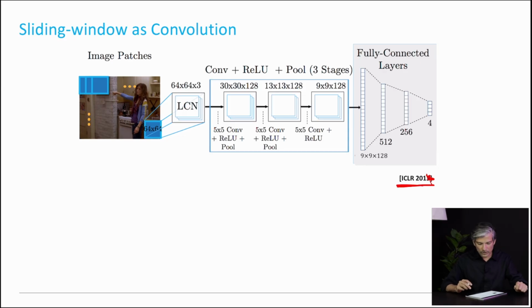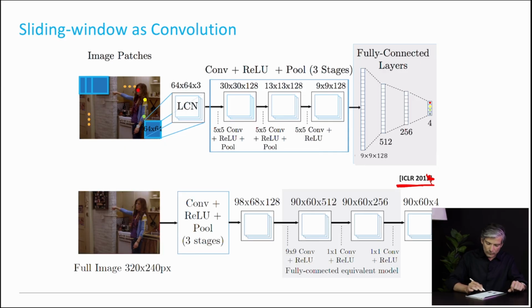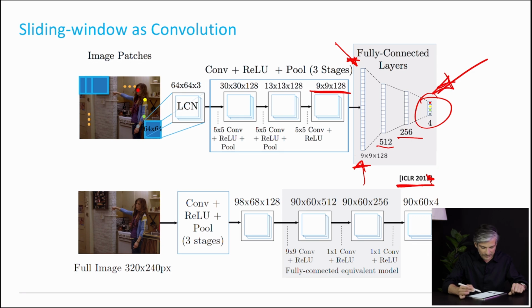In this, instead of doing this flatten, right, so here we are doing this flatten, whatever output we get, we get this 9 cross 128. We flatten into this, then we go from here to 512, 256, and finally 4 for the final 4 classes, which happen to be your face, shoulder, elbow, and wrist.